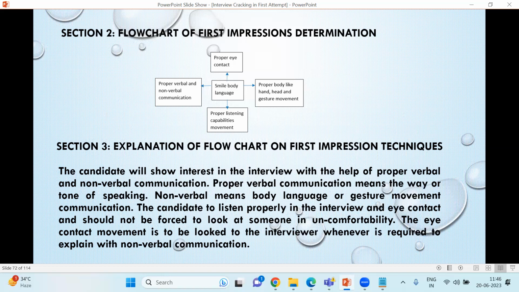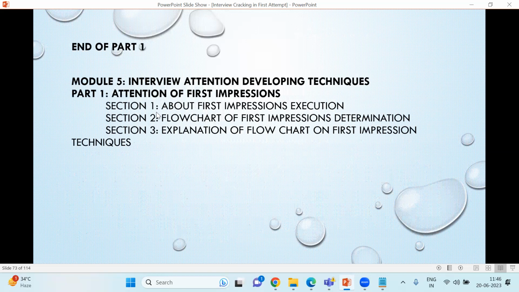Now we'll move to the next slide. At the end of this Module 5, Part 1, we have learned Module 5, Interview Attention Developing Techniques, Part 1, Attention of First Impressions. Section 1, about first impressions executions.